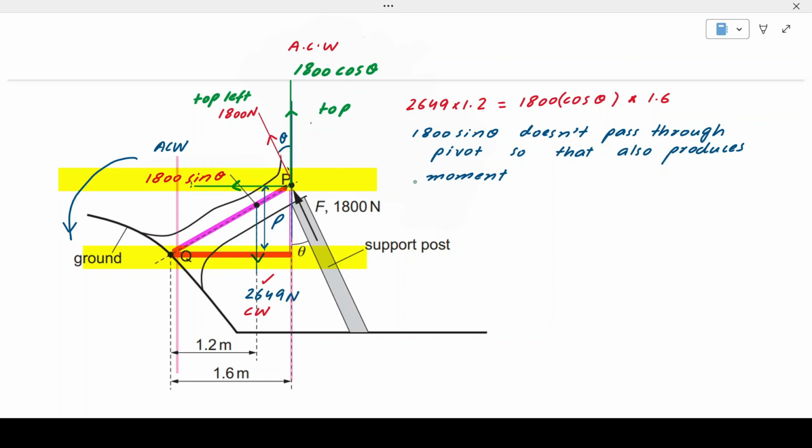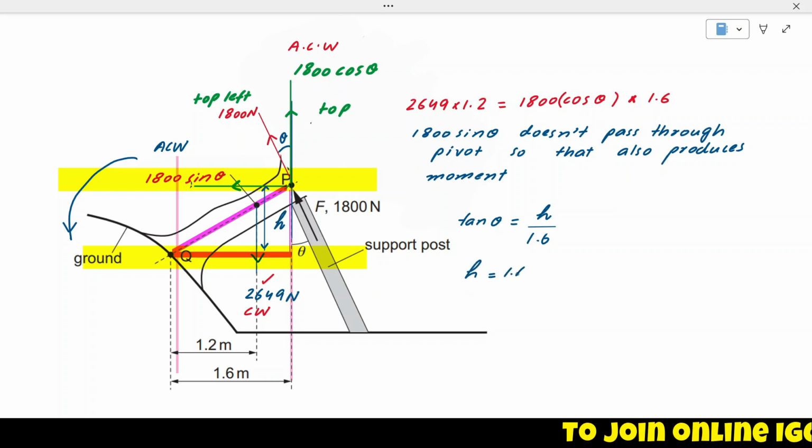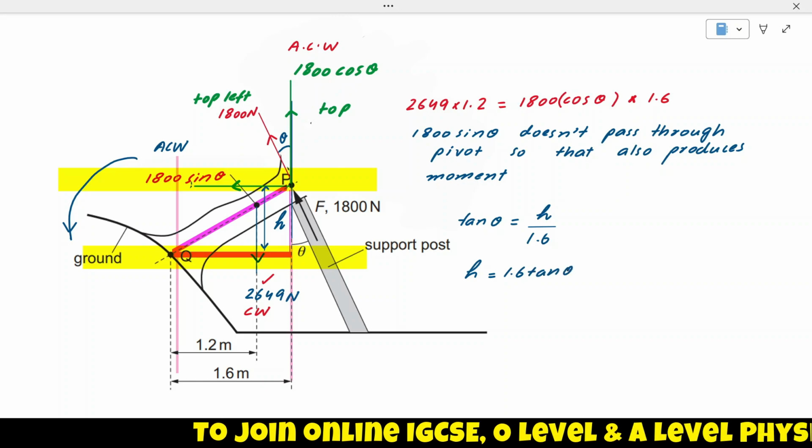We can do some mathematics here. So for example, tan theta for the given triangle equals perpendicular over base. Base is 1.6. So the given unknown distance, let's call it H. That equals 1.6 tan theta.